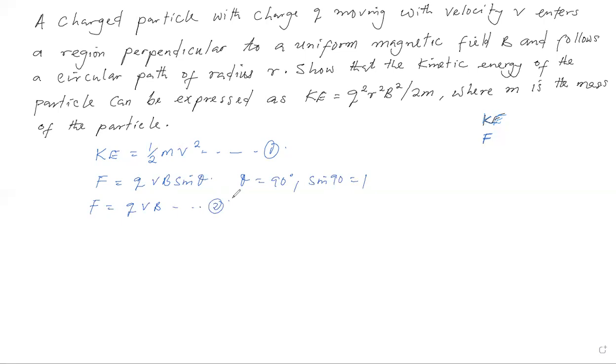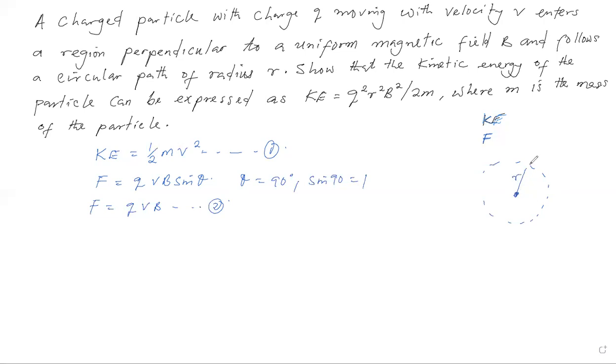Now, when it enters the region, it follows a circular path. So there will be a force exerted towards the center of that path of radius r. So we have something like this, a path, and this path has a radius r.